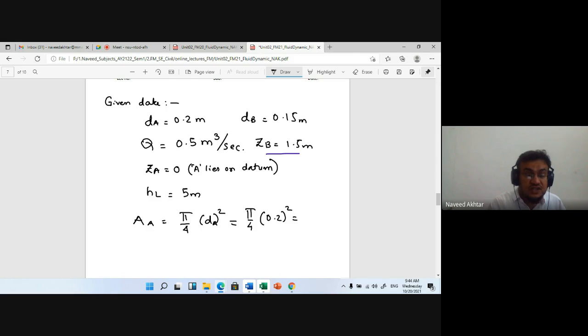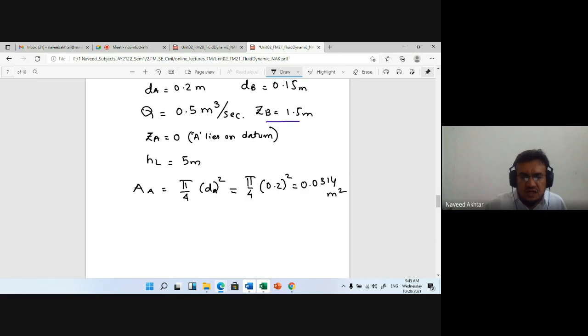Because you know the discharge, you can find the velocity at A and B. Because the pipe diameter is not uniform, the velocity will also change, and discharge we consider uniform. So 0.2 square into pi divided by 4, the area at A will be 0.0314 meter square.